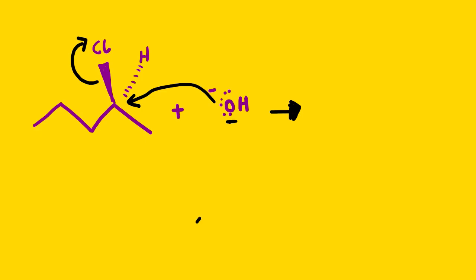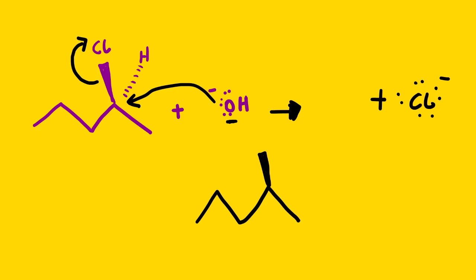So our product, we know very well, will consist of our halide ion, which is our leaving group, and then we are going to have hydrogen in the front and our nucleophile at the back.